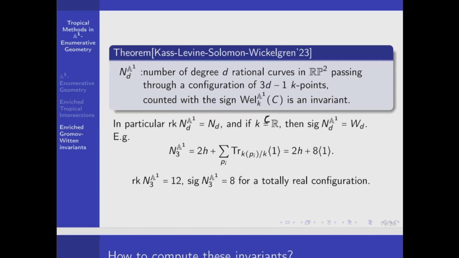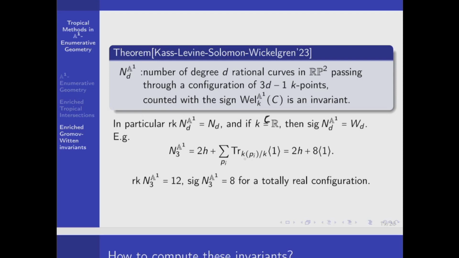So as an example, they actually compute N3. This is the number of rational cubics passing through 8 points for arbitrary fields. And they have that this is 2 times h plus the sum over the trace of the field of definition of your points of 1. So here we will restrict to K points.